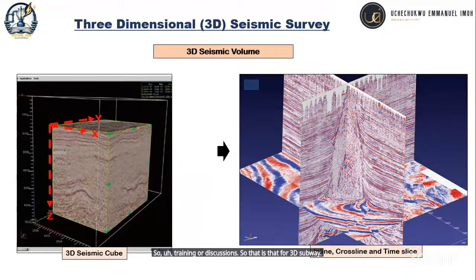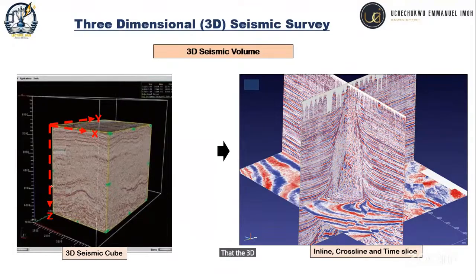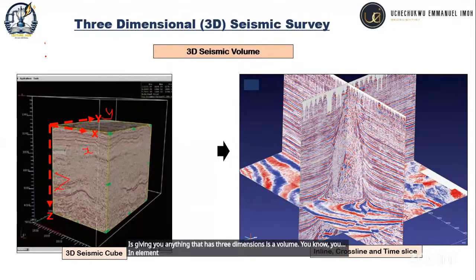Then the last thing I'll mention about the 3D survey, as I've also mentioned already, is that the 3D will give you your X, your Y, and your Z. So in essence, anything that has 3 dimensions is a volume. You know, in elementary mathematics, you can only measure the area of a square.